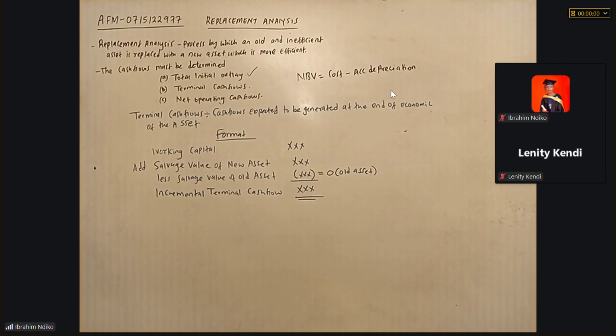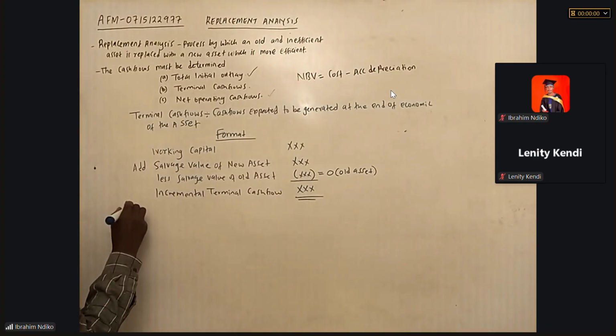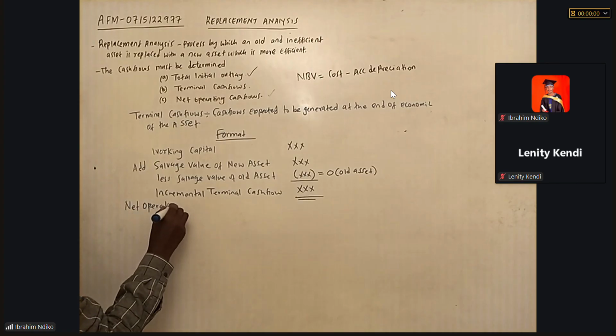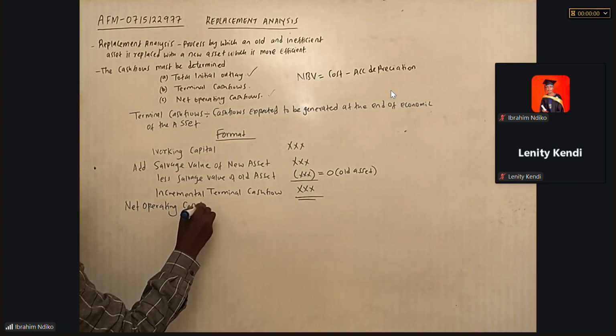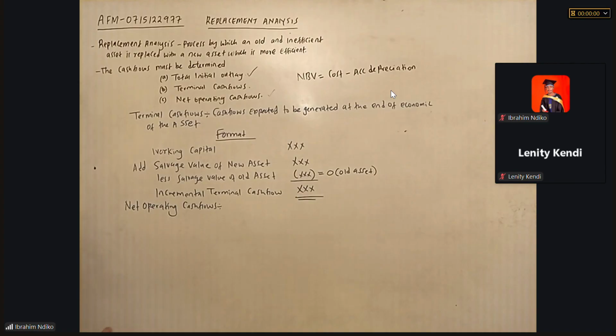Now let's talk about net operating cash flow. Number 3, it is net operating cash flow. This is the daily revenue that we expect from the machine.